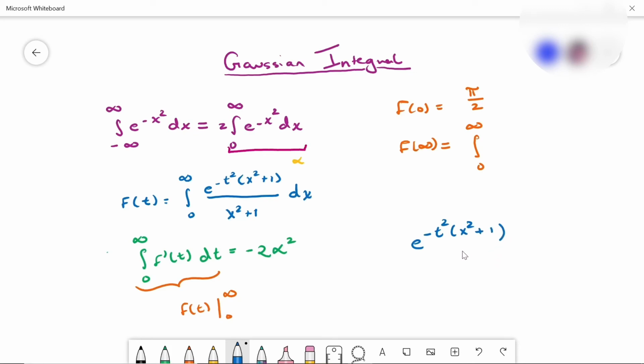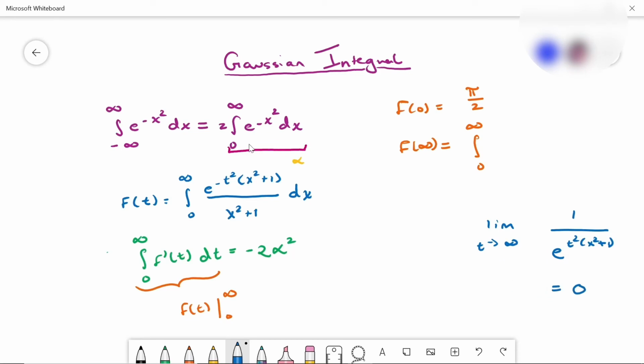We can rewrite that as 1 divided by e to the t squared times x squared plus 1. Now, if we put infinity here instead of t, well, e to the power of infinity is going to be a very, very big number. So if we calculate the limit of this as t approaches infinity, that's just going to make the denominator very, very big, which means this is going to equal 0. So the limit is just going to be 0.